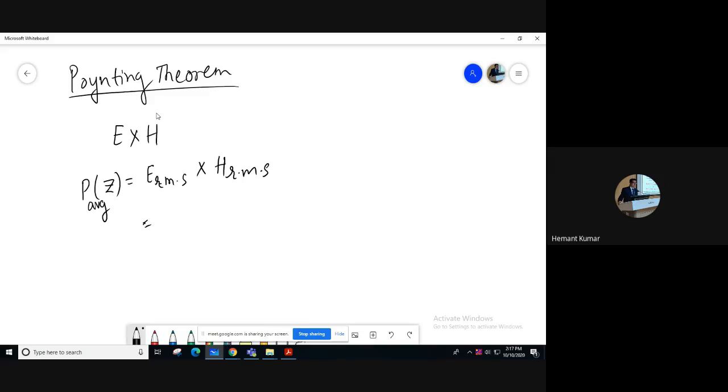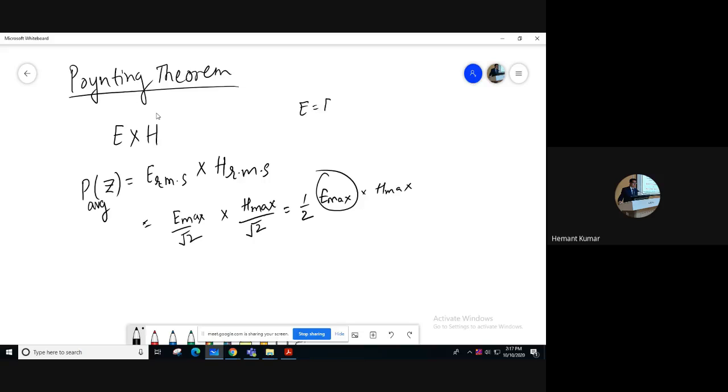So if E RMS is E max by root 2, because the RMS value of any complex exponential sinusoidal signal is the maximum value divided by root 2, similarly for H, H max by root 2. So it is nothing but E max H max. What is E max?